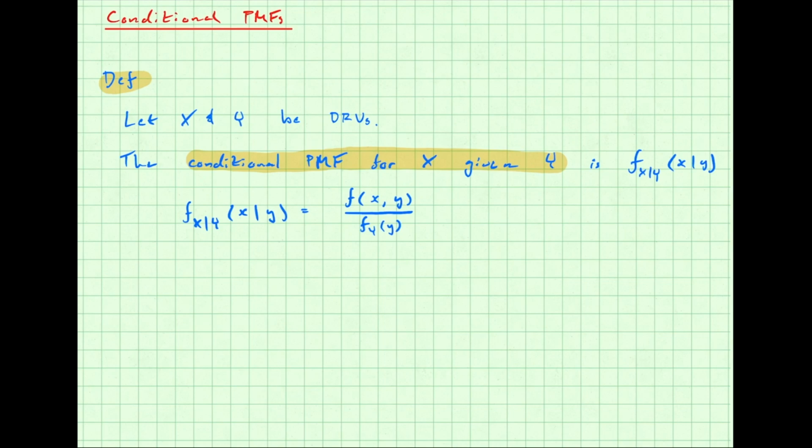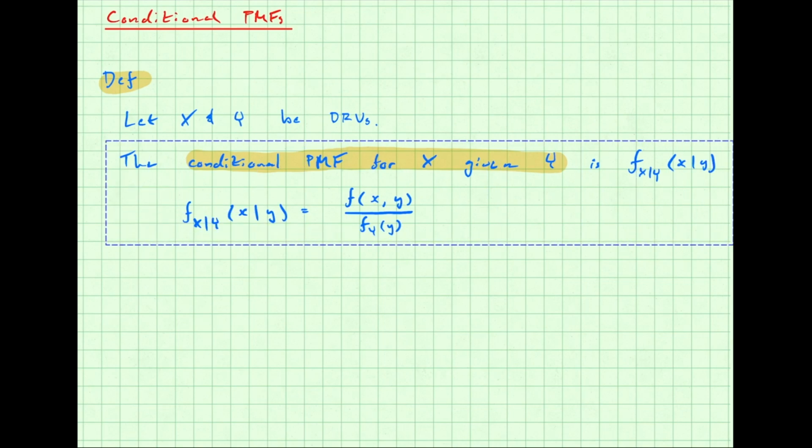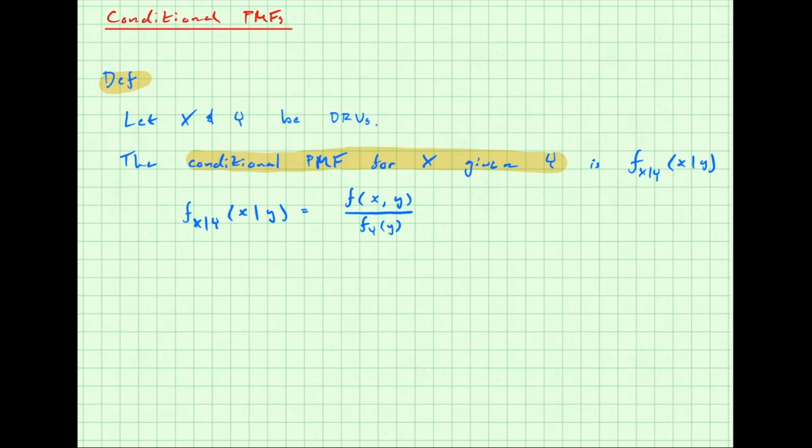And then I'm going to write it again. The conditional probability mass function for y given x is the same thing, but with the letters swapped.